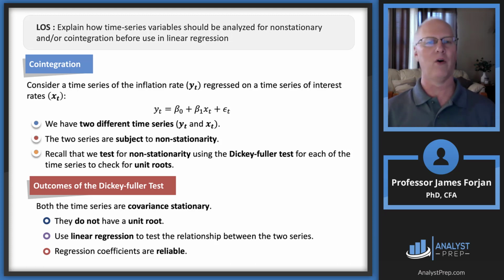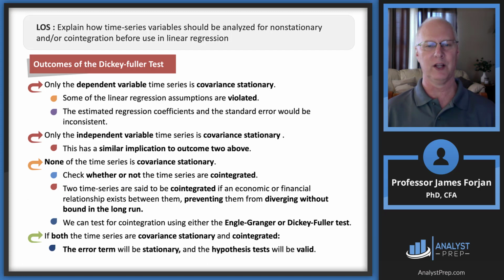However, you know on the exam that the more interesting questions are going to be, let's suppose that one or both is not. All right, so if only the dependent variable is covariance stationary, then some, if not many, of those linear regression assumptions are violated.